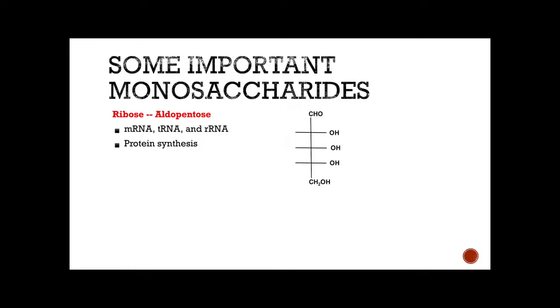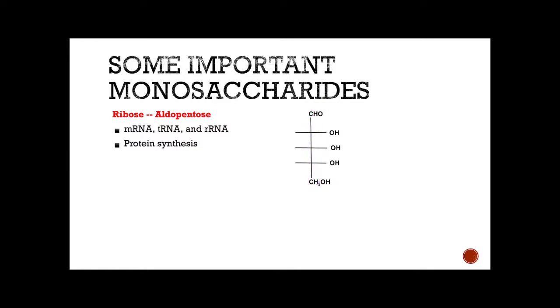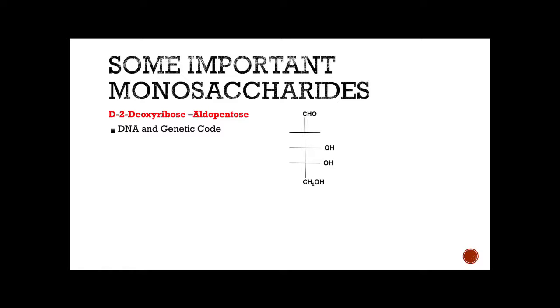Then we have ribose. It's an aldopentose. You can see up here is our aldehyde, and then we have 5 carbons, 1, 2, 3, 4, 5. It is a part of ribonucleic acid, and it's involved in protein synthesis. And then the last monosaccharide we're going to look at is 2-deoxyribose, and it's an aldopentose.